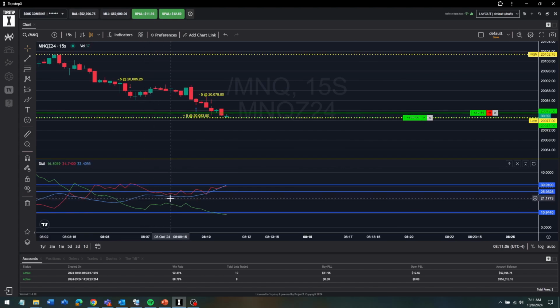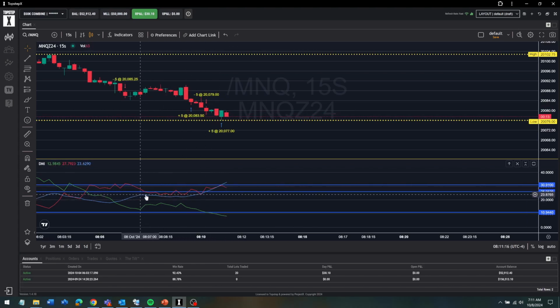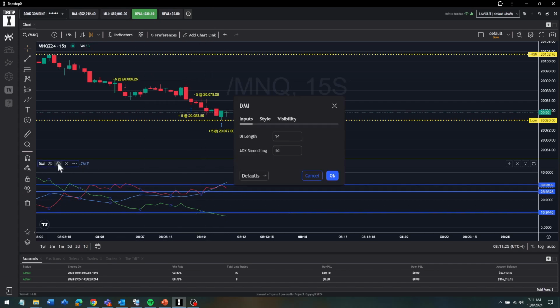And you'll also notice that the blue line right here, and I might change the color of that just so that we can contrast it a little bit. I've found that as it begins to trend closer to one line or the other, then that tends to be where things are going.